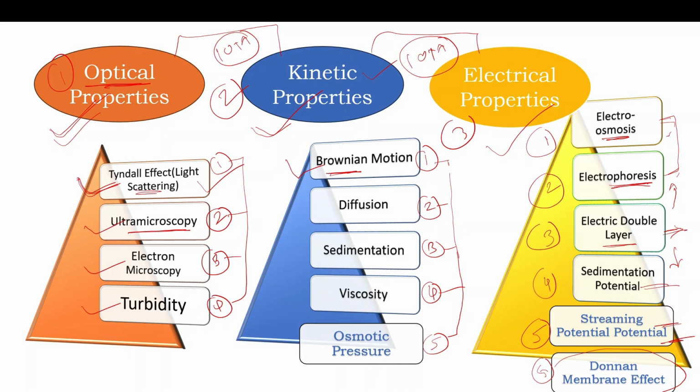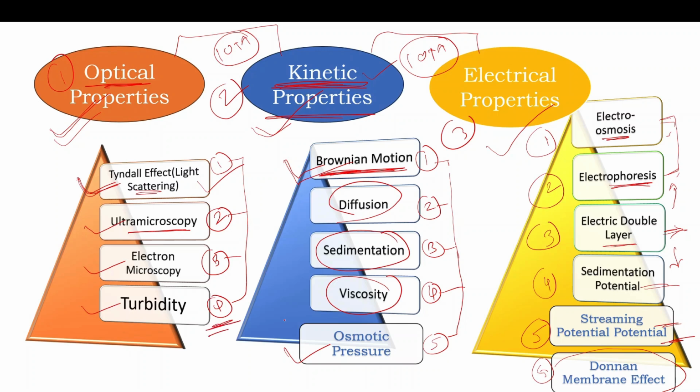And last is the kinetic properties of the colloids. What can you remember in this? First of all remember Brownian motion, then diffusion, sedimentation, viscosity and osmotic pressure. So these are the 5 properties in the kinetic, 6 properties in the electrical, and 4 properties in the optical: 4, 5 and 6.